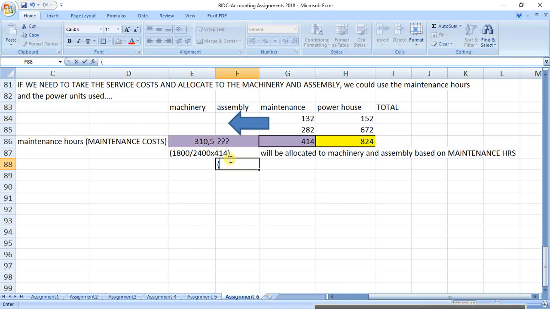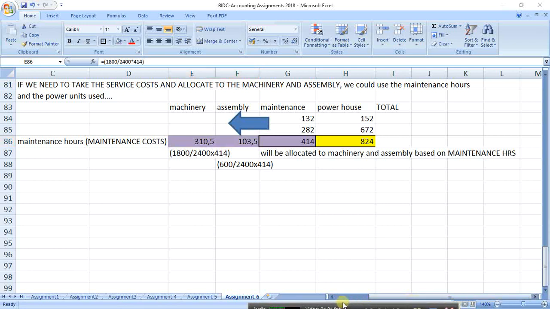How many hours does the assembly use? 600 hours of the total, 2,400, times how much we're allocating, 414. So 600 divided by 2,400 times 414 gives me that. And if I add up those two amounts, I get 414. See? 414.